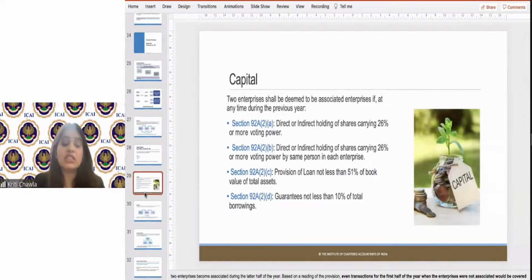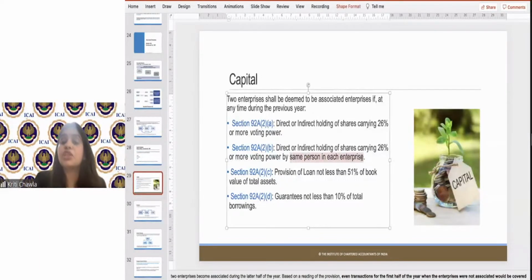Now, section 92A2A talks about indirect shareholding of 26% voting power. 92A2B says direct or indirect holding of shares carrying 26% or more voting power by the same person in each enterprise. So even if there is one common person holding more than 26% share capital in company 1 and more than 26% share capital in company 2, then these two companies will become related to each other.